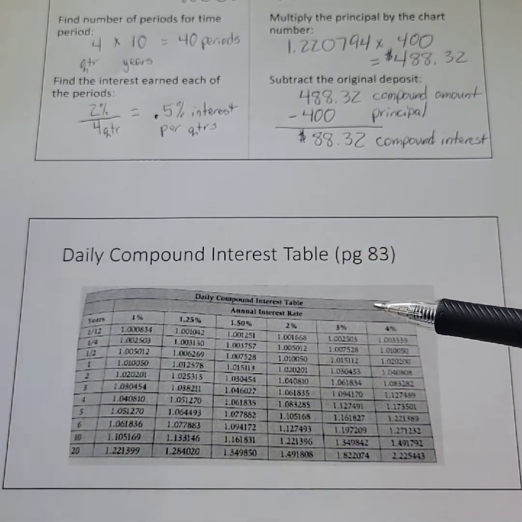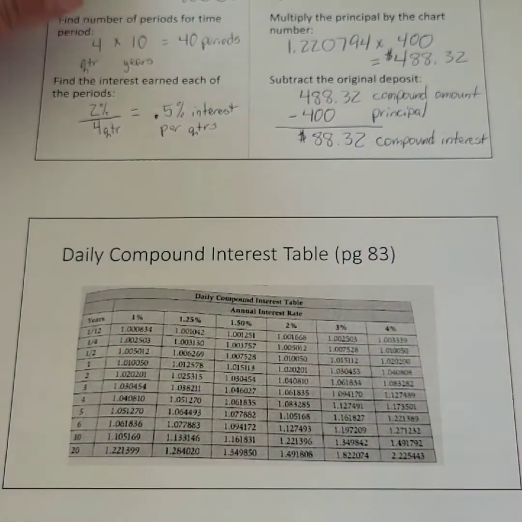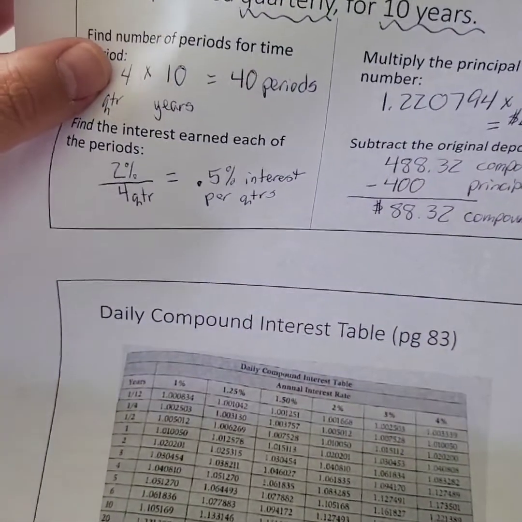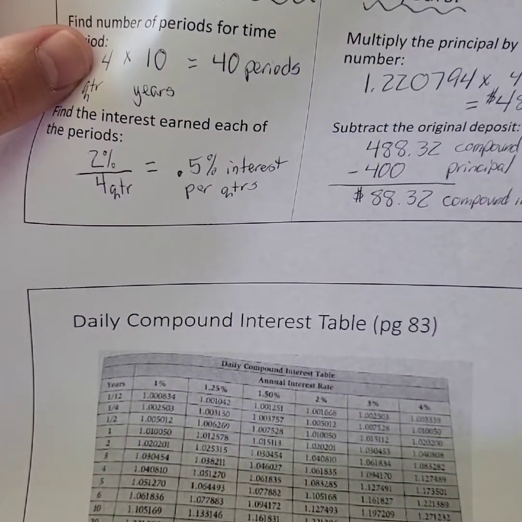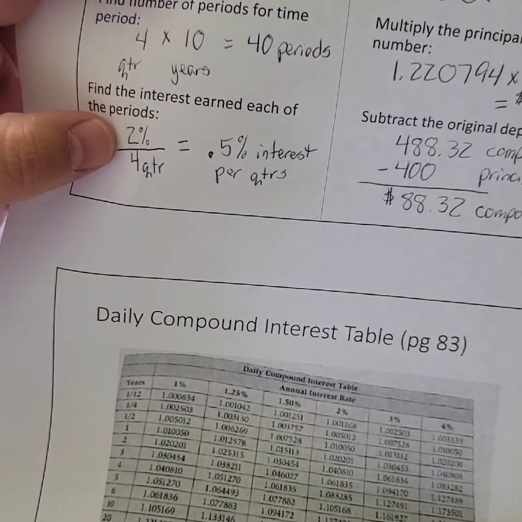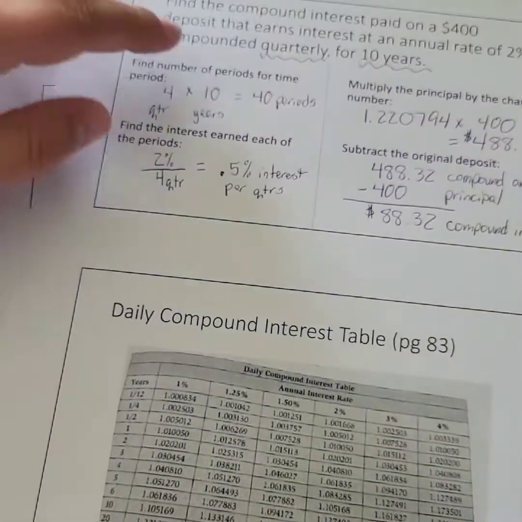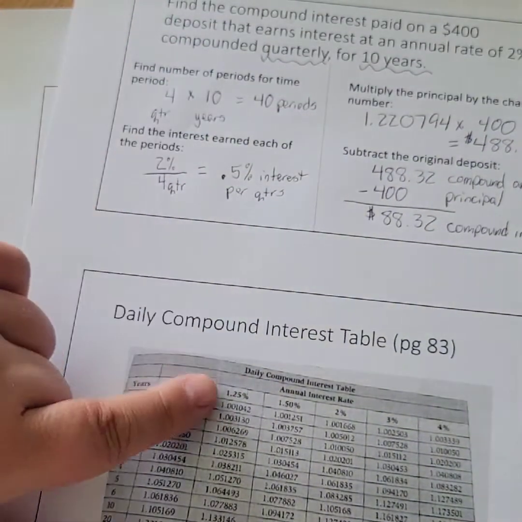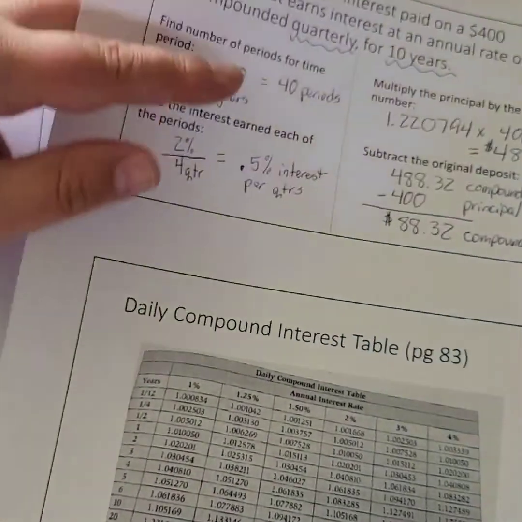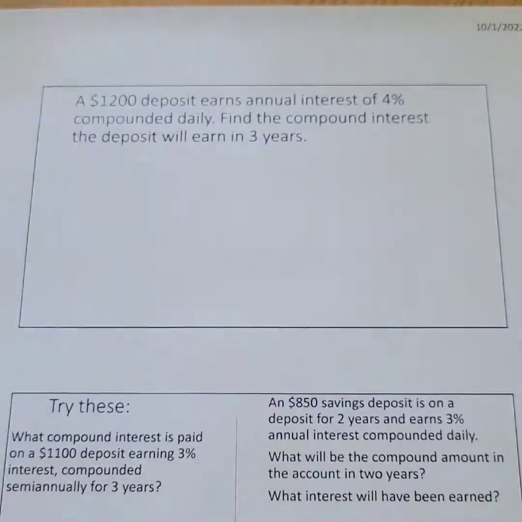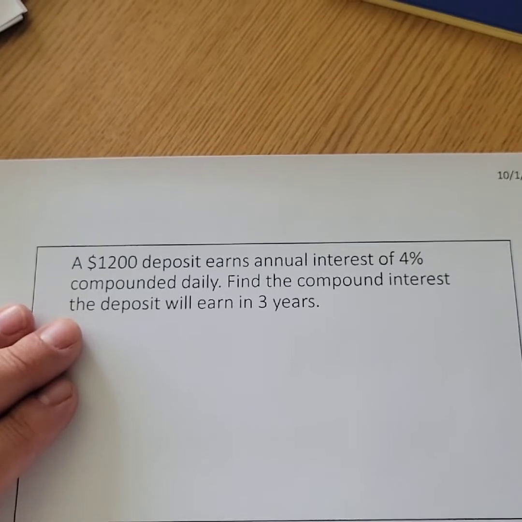So this one you don't have to do the periods, okay, and we're just going to use the percent so we don't have to do this. We just do this times the amount. So we like that, right? Okay, so here we go.